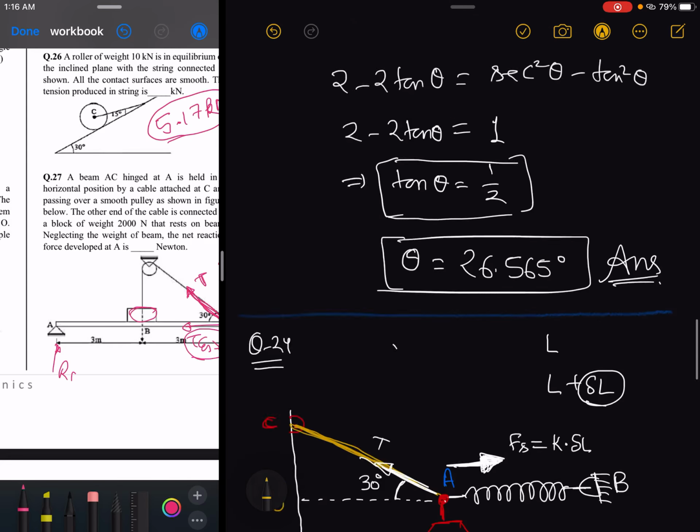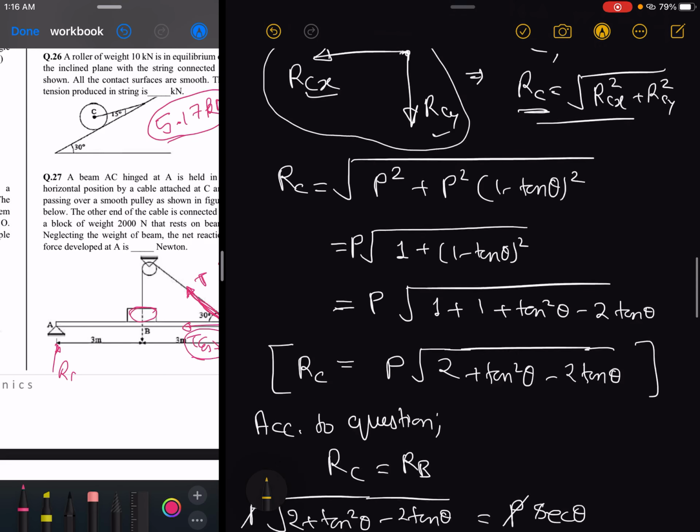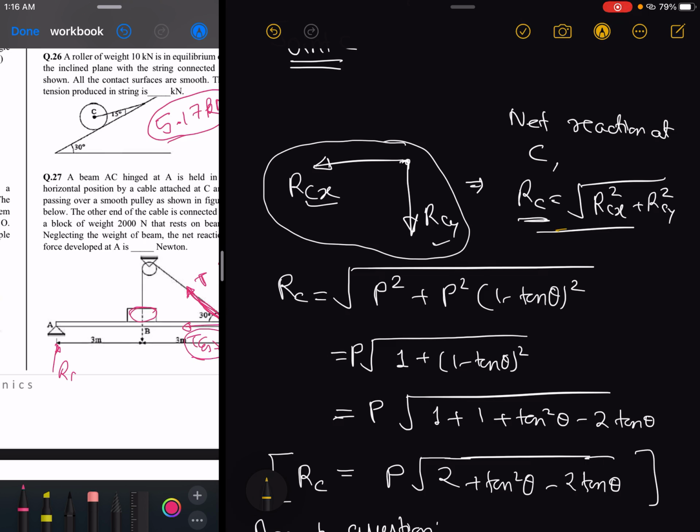We have discussed the concept that the net reaction is the square root of RAx squared plus RAy squared. So you have to solve this question by making the free body diagram on your own. The answer of this question will come out to be 1000 Newton.